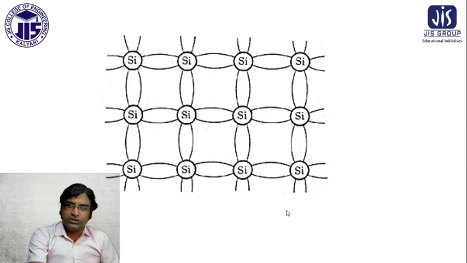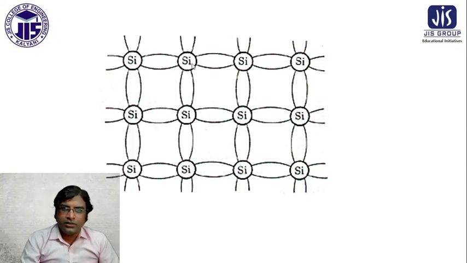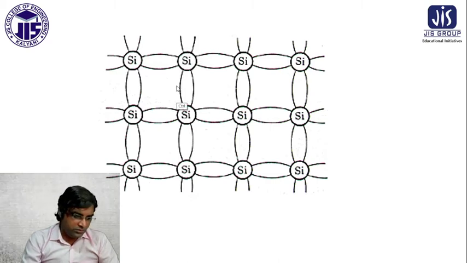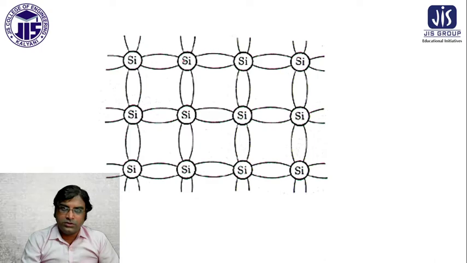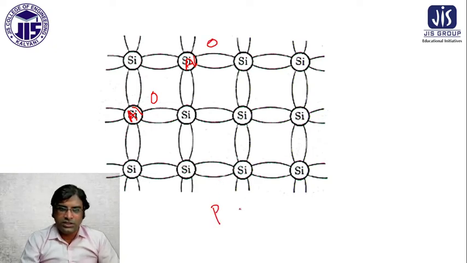So this is aluminum, and this is aluminum. For that reason, one hole is generated, another hole is generated. So this is P type material.